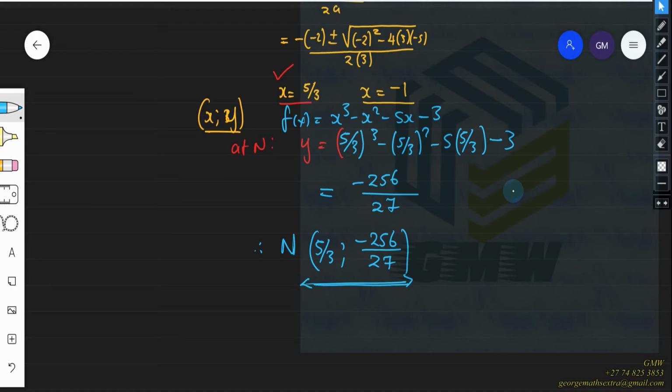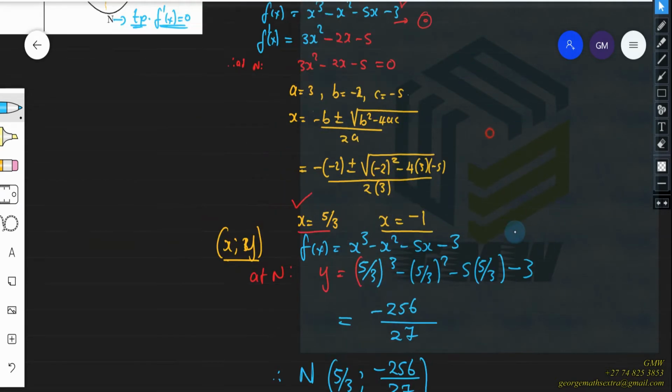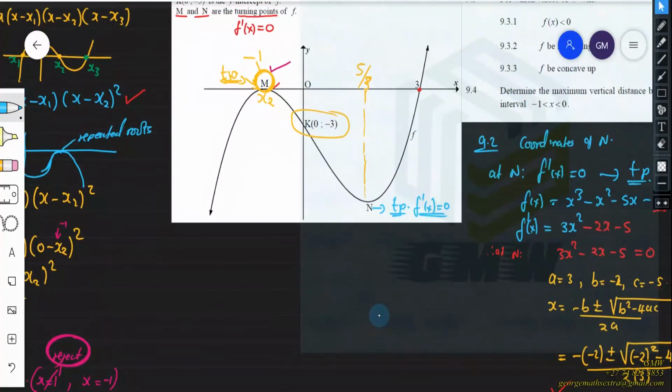You need to go and check to say, does this answer make sense? Our x value is 5 over 3 and the y value is negative 256 over 27. We are below the x-axis, so it's negative. So it makes sense to me. And with that said, this question is done.